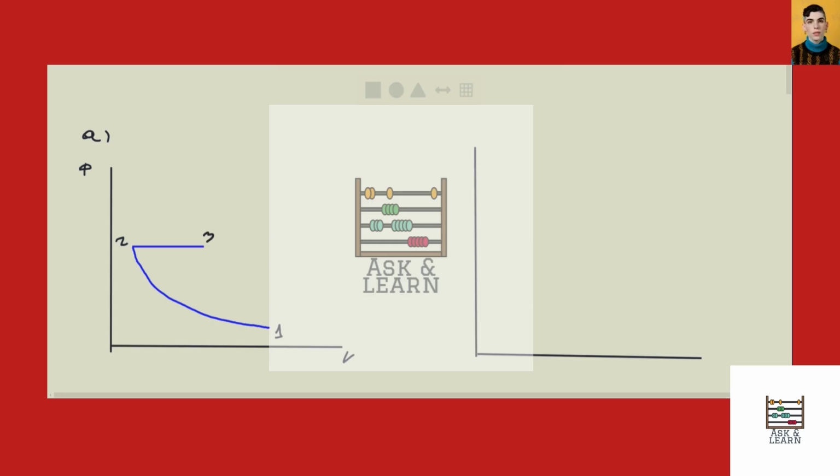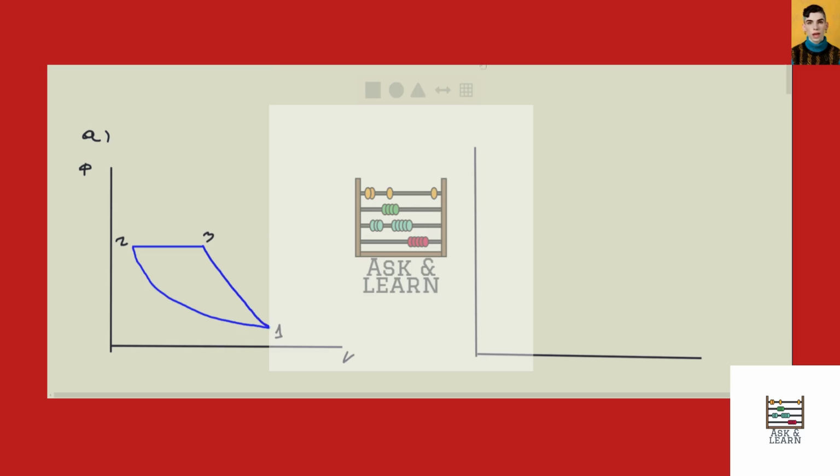And finally, the last process is a process that we're going to say is a straight line because it is a heat rejection that depends on the initial state constants. So this is going to be represented as a straight line. Oops, let's put in blue. A straight line from 3 to 1.